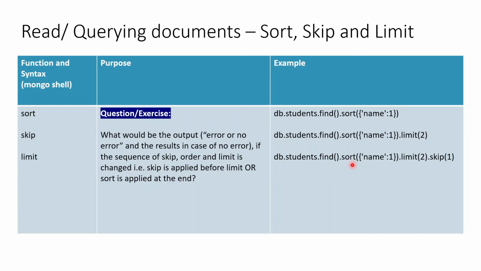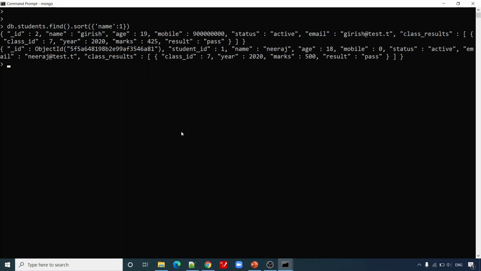Let us say I change the order of skip, sort and limit, then will this query run or not? Or does this have to be run in the same sequence? Or you can also try different combinations, like you can try sort function with some key conditions. These kind of things you can try as an exercise. So with this, let us switch to our demo and let us see.